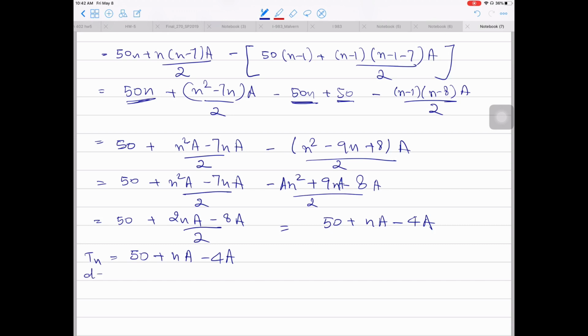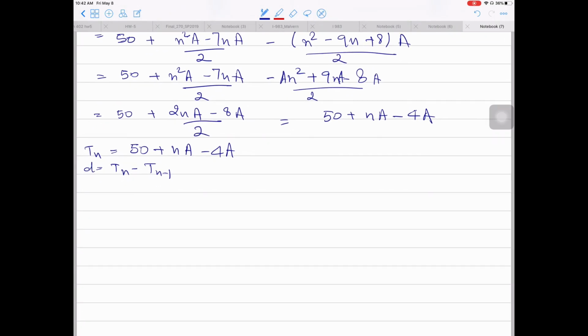We also know that the common difference is nth term minus the n minus 1th term, which is 50 plus na minus 4a minus 50 minus n minus 1 times a plus 4a, which is na minus na plus a, which is a.